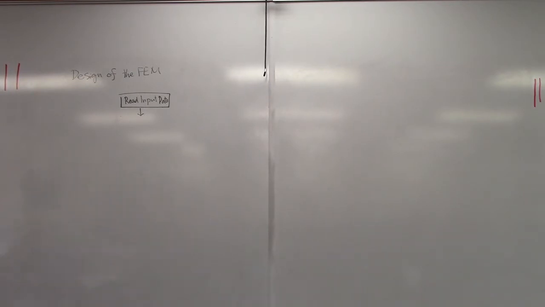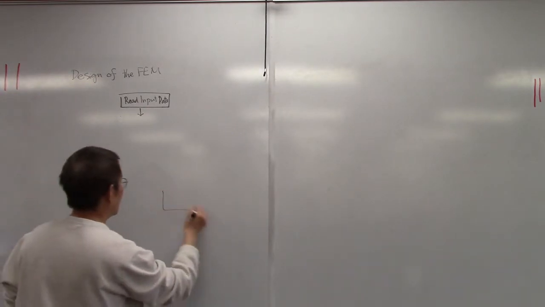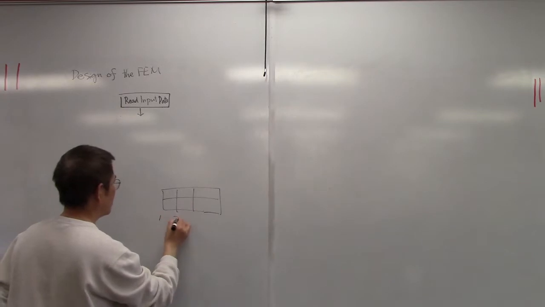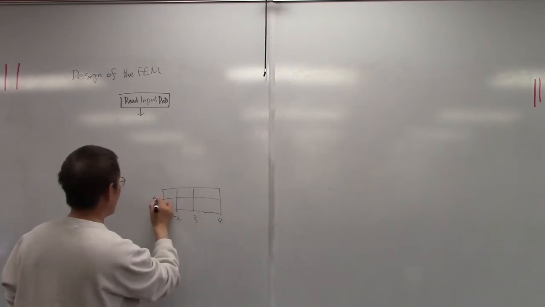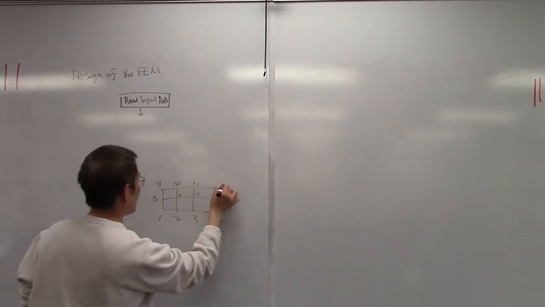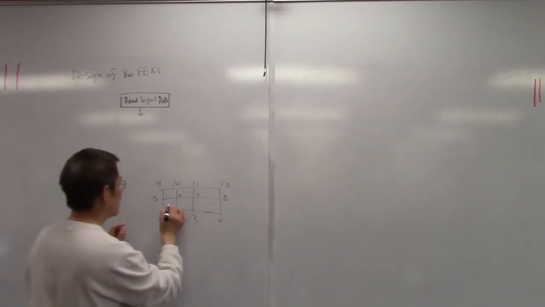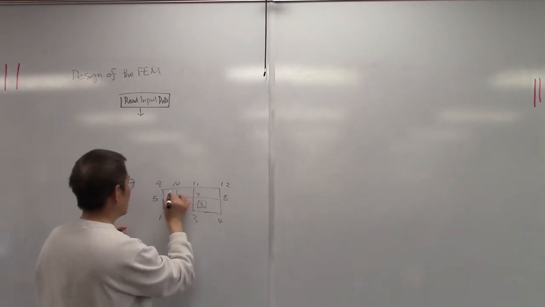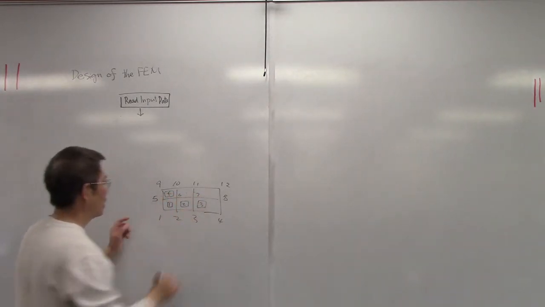And then you also have the element connectivity. For example, first element, the nodes, let's say we have something like that. We number these 1, 2, 3, 4, 5, 6, 7, 8, 9, 10, 11, 12. And we also number this is element 1, element 2, element 3, element 4, etc. Okay?